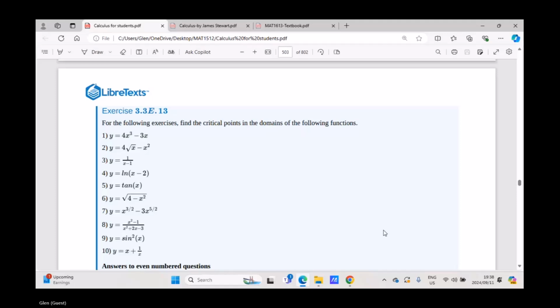And then a restriction: x should not be equal to -3 and x should not be equal to 1. Then I cancelled out x minus 1 since we have it on the numerator and the denominator, and I was left with x plus 1 over x plus 3.